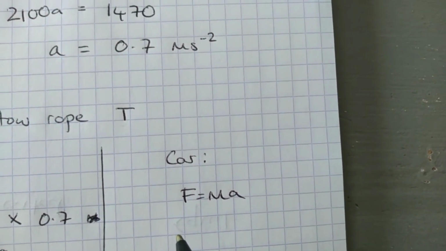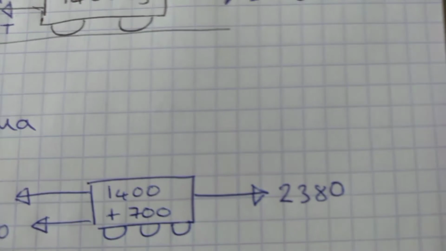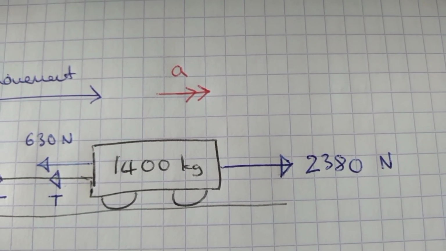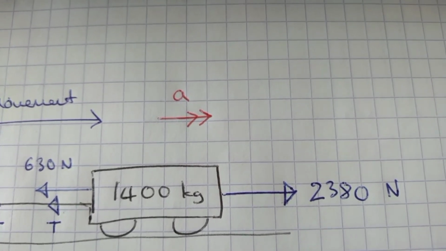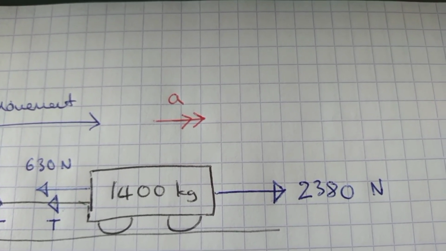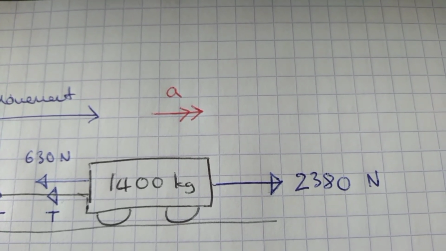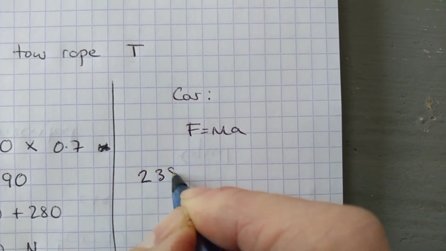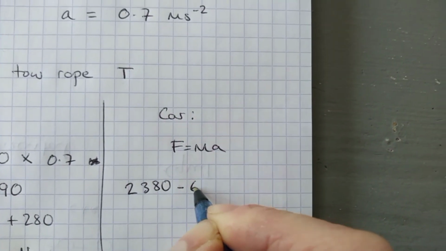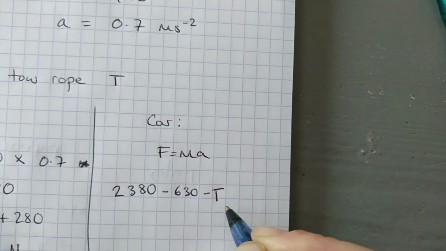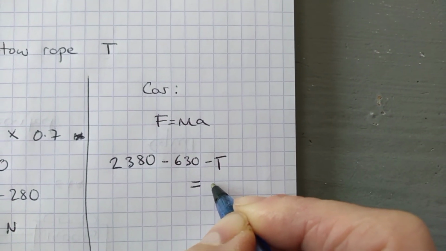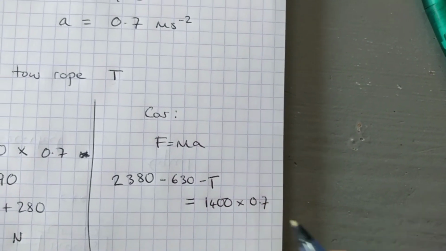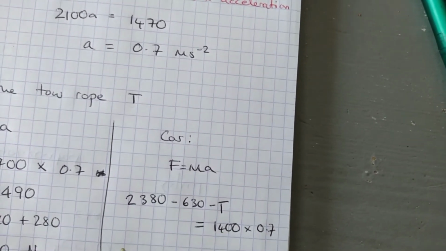If we consider what's going on for the car, again, for its forward acceleration, there's the car, we'd have 2,380 minus 630 minus T as well, be the net force. So we've got 2,380 minus 630 minus T would equal, mass is now 1,400 for the car, times 0.7. So we could work it out like that.